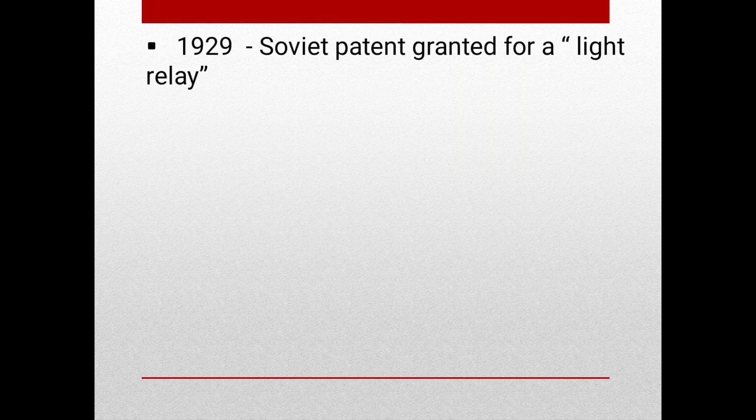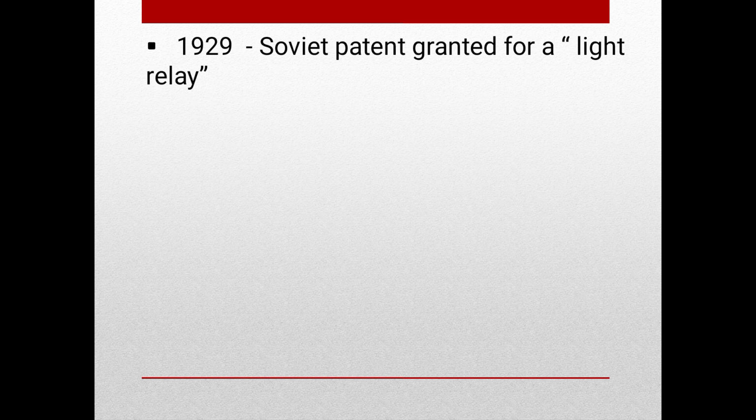History of LEDs. Initially, there was a Soviet patent, where he invented the LED as a light relay. A relay is a device that actuates or switches another circuit.